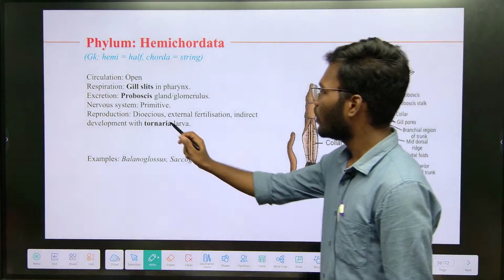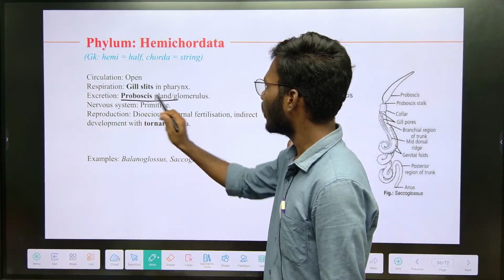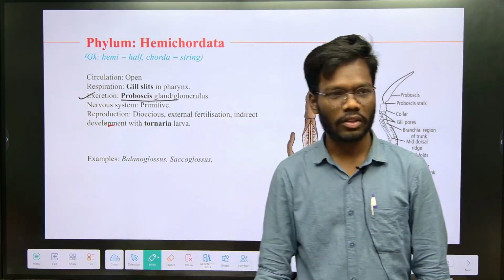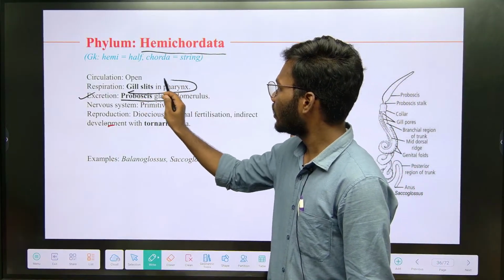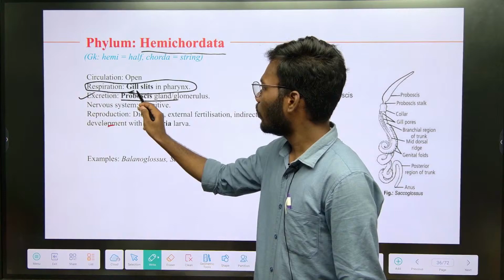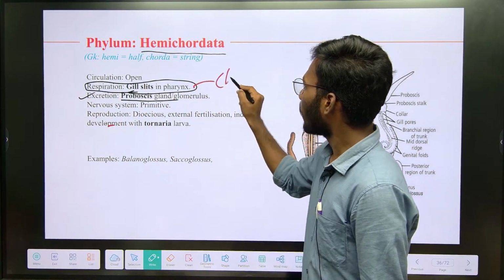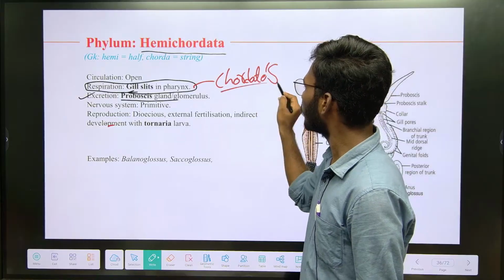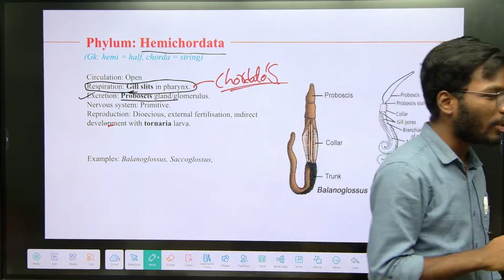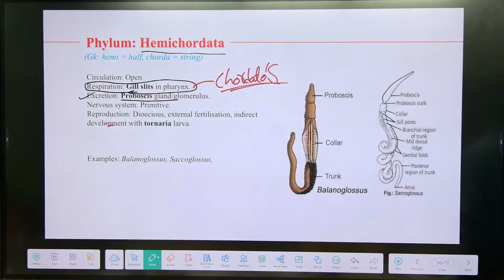You see, the proboscis gland is responsible for excretion. And hemichordata has gill slits. This is the only character which is directly linked to chordates, the only primitive chordate character seen here.